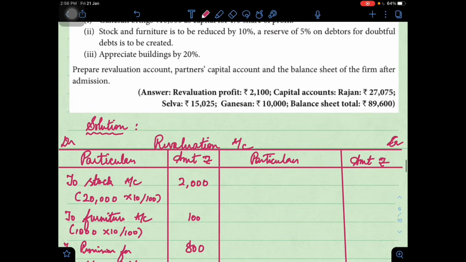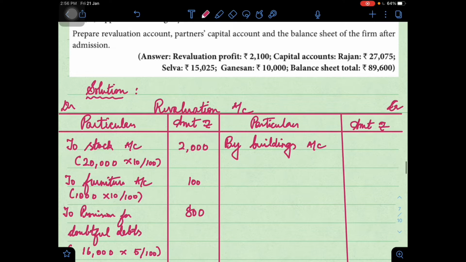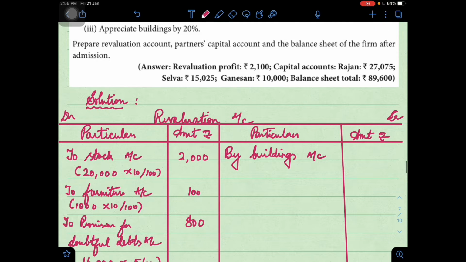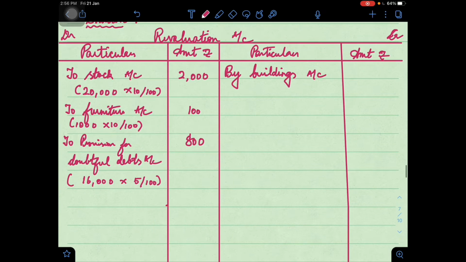As a third adjustment, there is also appreciation of buildings. So when any building or asset value goes up, it is going to be a profit. Profits will be credited, losses will be debited. That's what we are doing with the three items. So buildings, I say it is rupees 25,000.